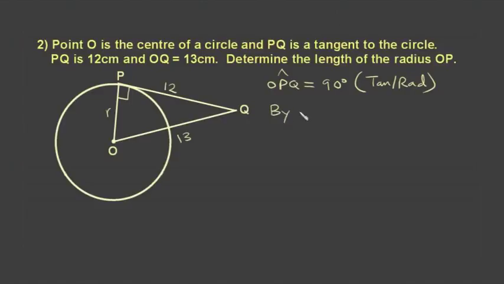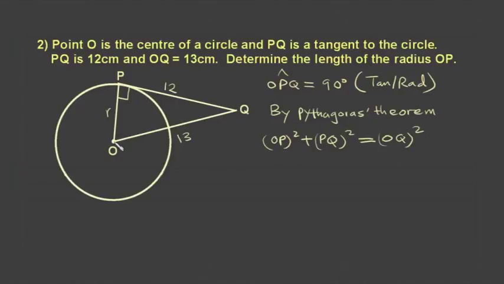Then by Pythagoras theorem, if we take the length OP squared plus this length here, PQ squared, we are going to have the length of the hypotenuse squared, OQ squared.